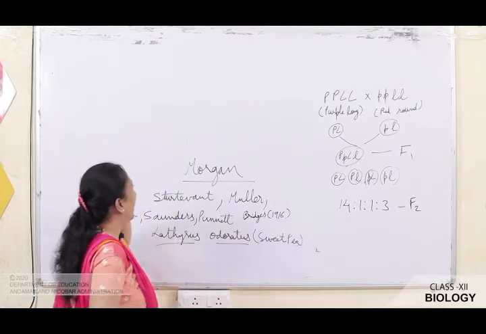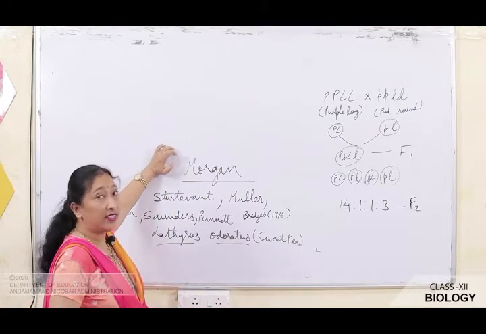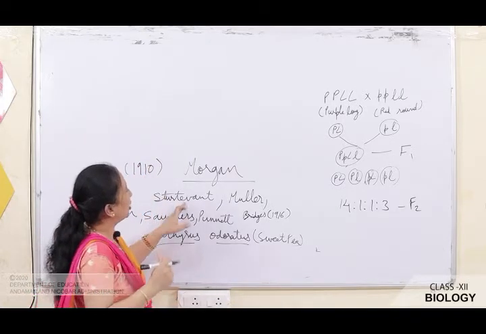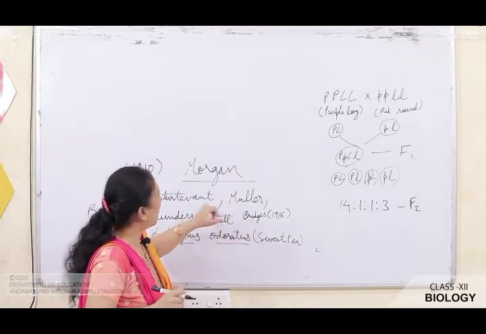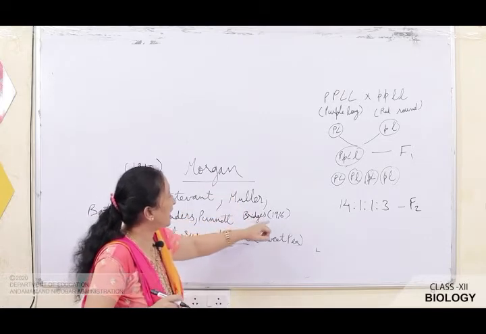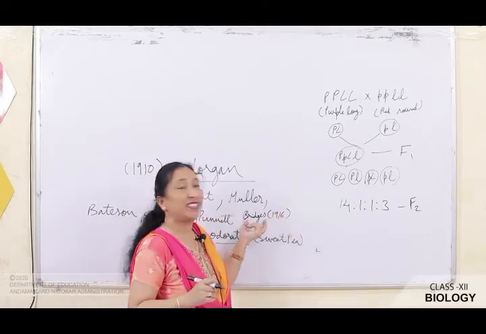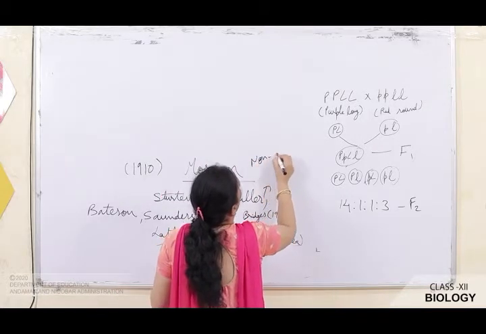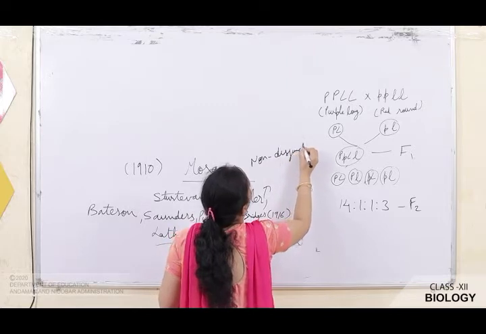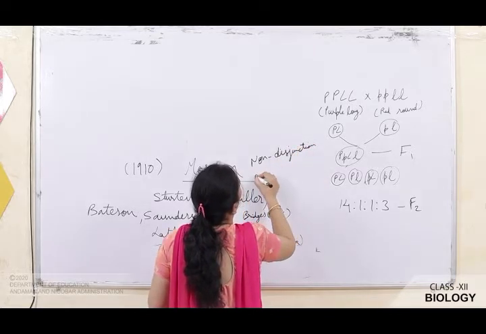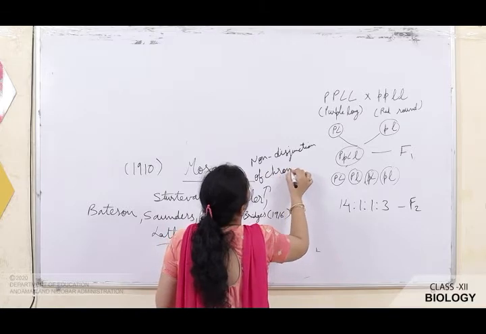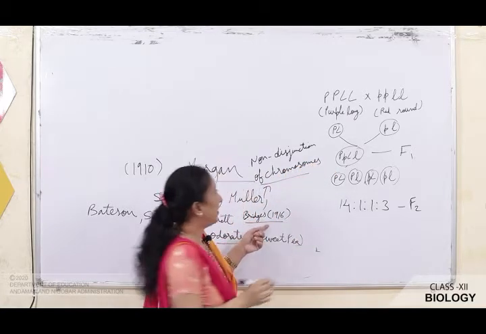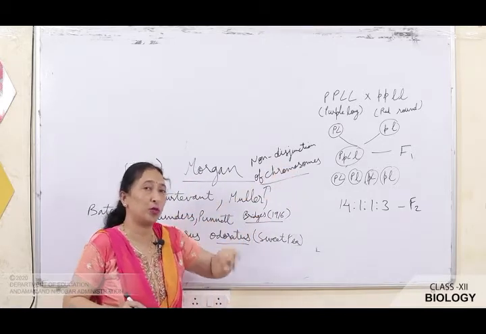Now we had seen how Morgan, in 1910, along with his students Sturtevant, Muller and Bridges, gave his work. These were Morgan's students. In 1916 Bridges gave a theory, that is the non-disjunction of chromosomes.